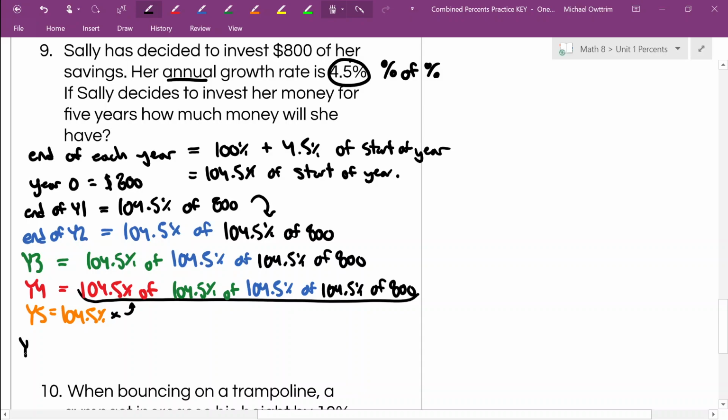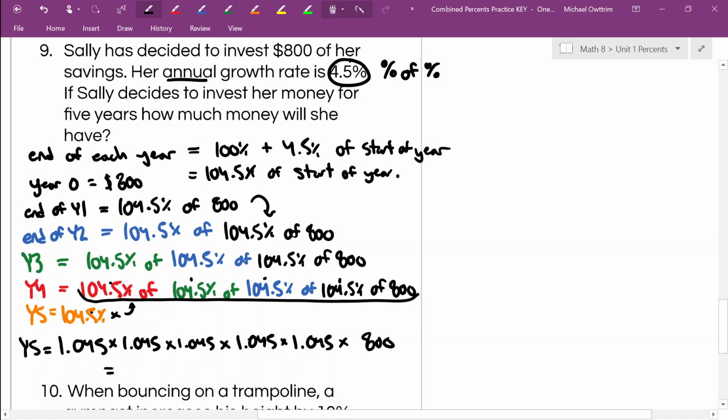So in terms of our calculation then, we're going to have 1, 2, 3, 4, 5 of our 1.045 decimals to account for the 5 years of 4.5% growth, and then times our original value of 800.